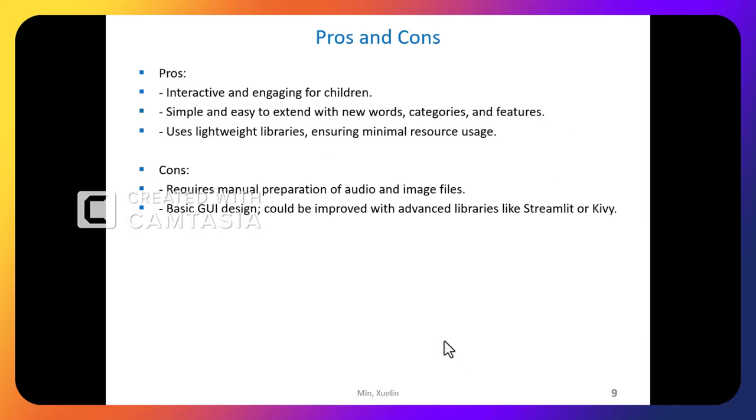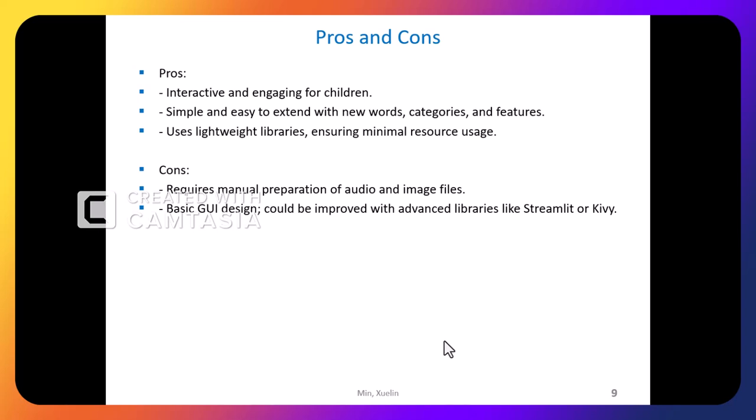So let's discuss the strengths and limitations of the project. The tool is interactive, combining videos, audio, and quizzes. I will add more videos, audios, and pictures in future. The use of JSON and random makes the program dynamic and extendable.